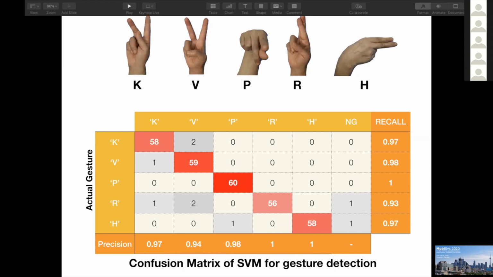That's why our system shows poor results in classifying the gesture R, and that's why there is confusion between R and B. But it is able to detect R, because there are slight differences in the joint angles while doing the gesture R. It is able to detect that too.